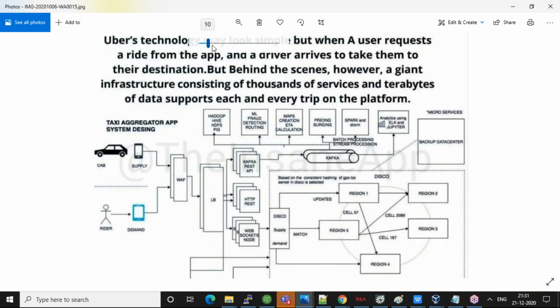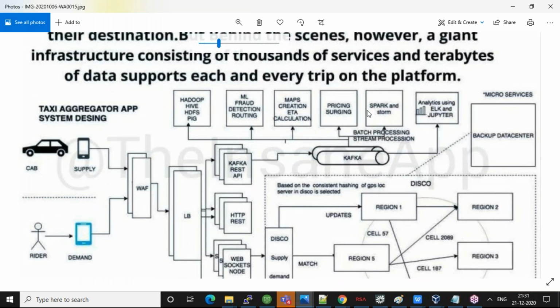If you observe this, here they use Spark, I mean Spark Streaming, that is nothing but live data. Whenever you process live data, you will see Kafka 100%. See here, Kafka is available. Whenever you process live data, 100% you can use Spark and Kafka.